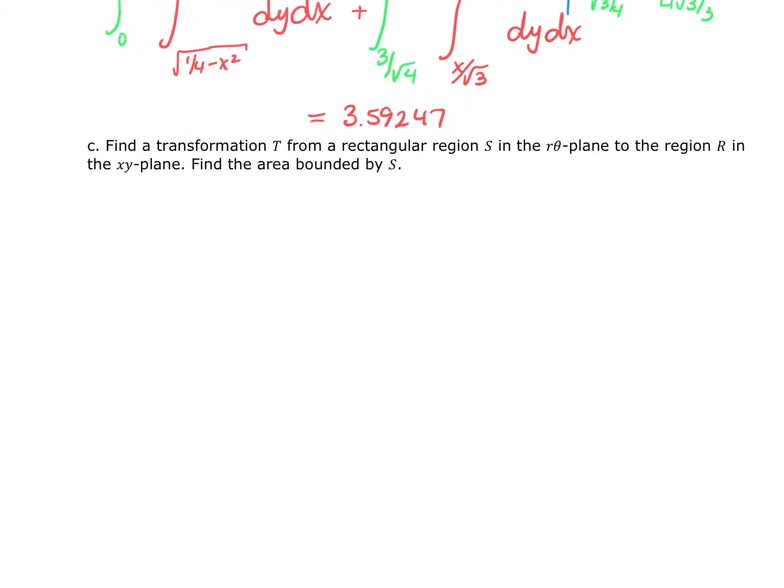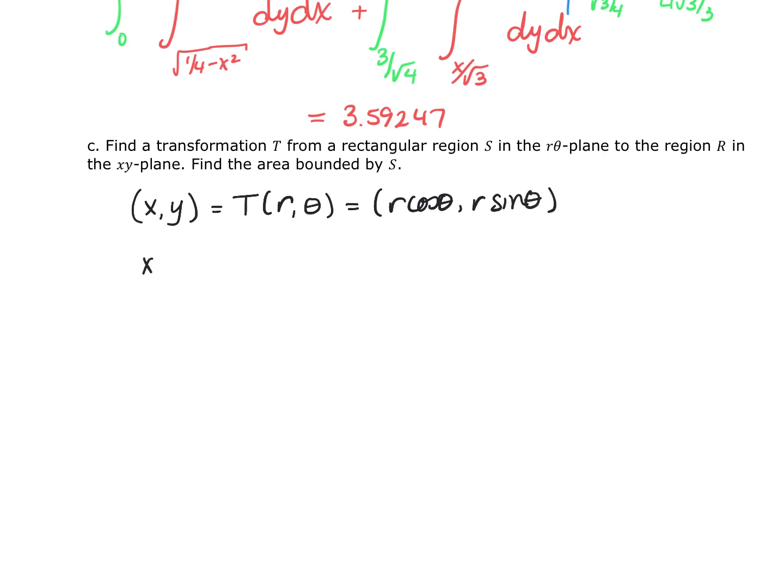The last one is I want to find the transformation T that takes my rectangular into an r theta plane. So in other words, I want to go into polar. So x comma y is going to be equal to the transformation of r comma theta, where we know x is r cosine theta and y is r sine theta.